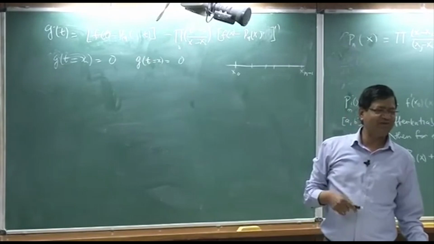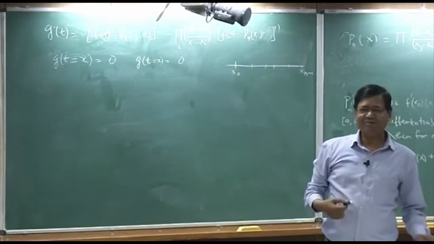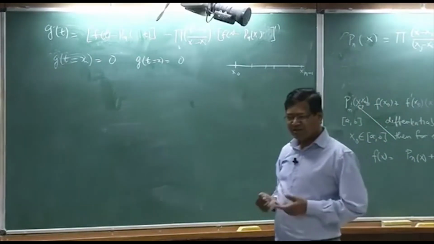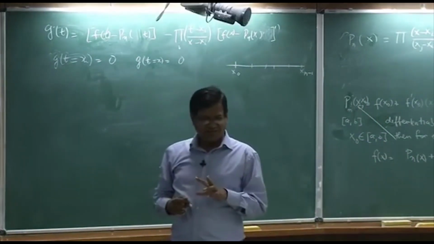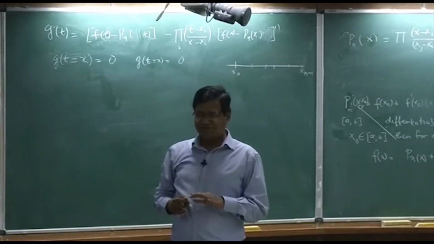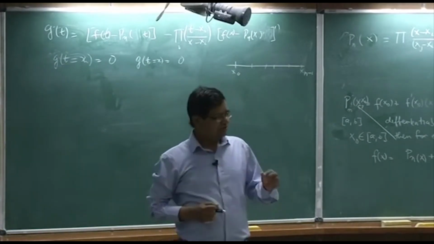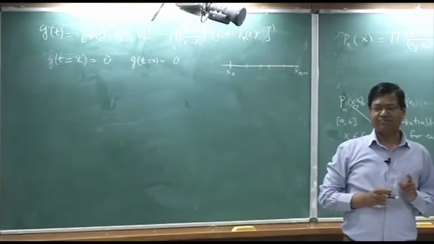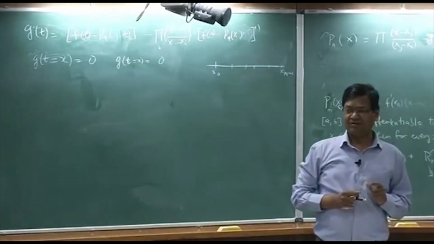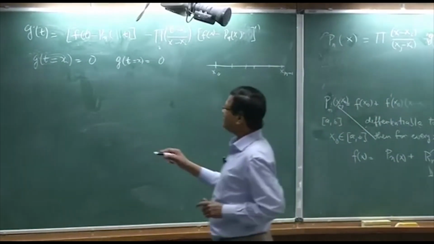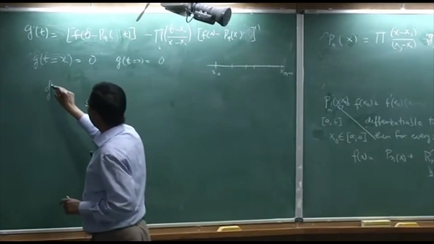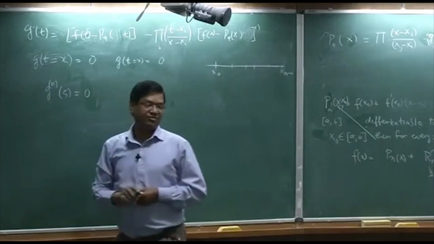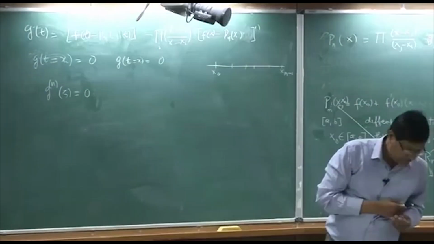So now apply Rolle's theorem how many times? I keep applying n times. So first time I get an n minus 1th order polynomial, there are n zeros, not n plus 1, n zeros. So keep going down and take the derivative n times, and then I can claim that after the nth derivative there is a point zeta such that g n of zeta is 0. Okay, is that clear?